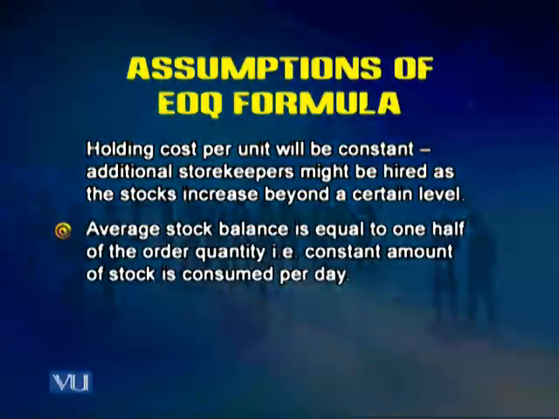Average stock balance is equal to 1/2 of the order quantity, i.e., a constant amount of stock is consumed per day. The next assumption we are taking is that the consumption of stock is going to be constant.